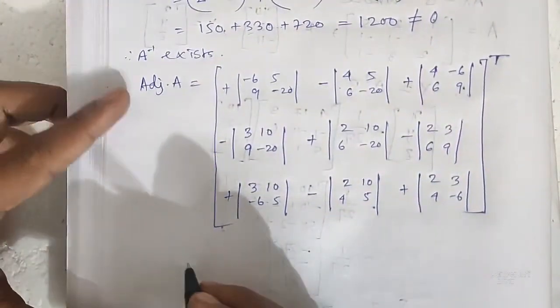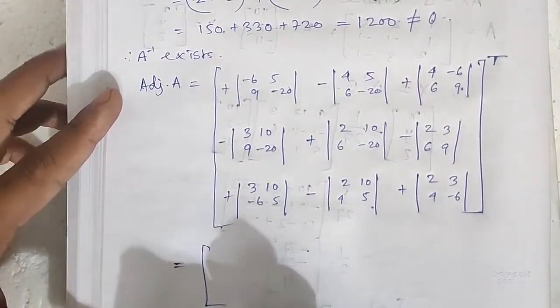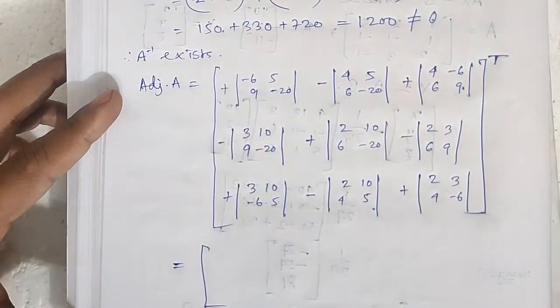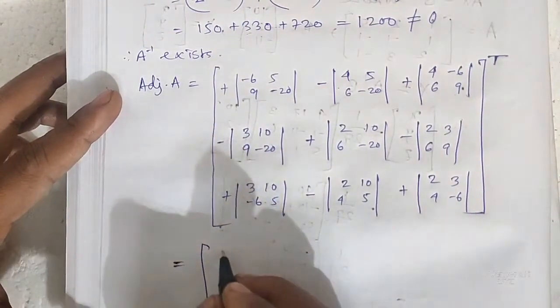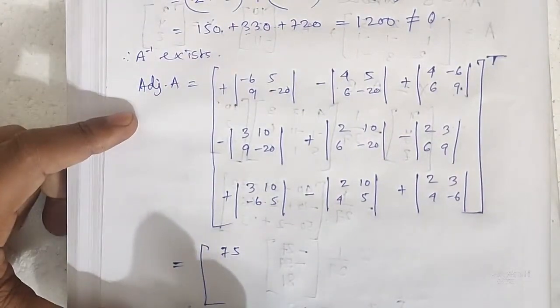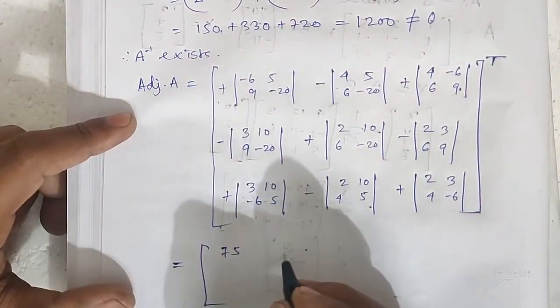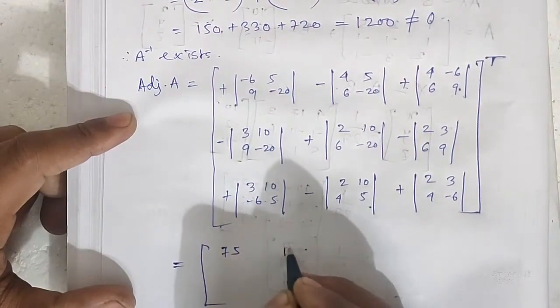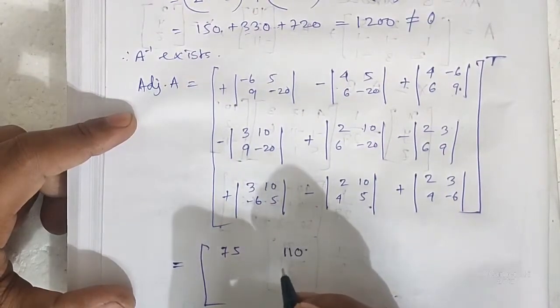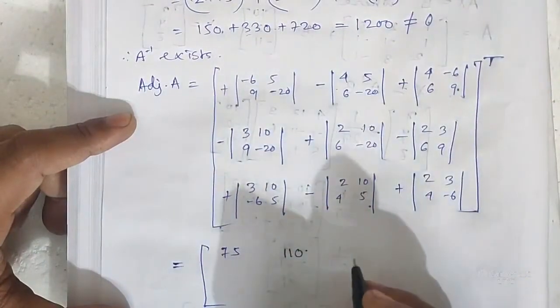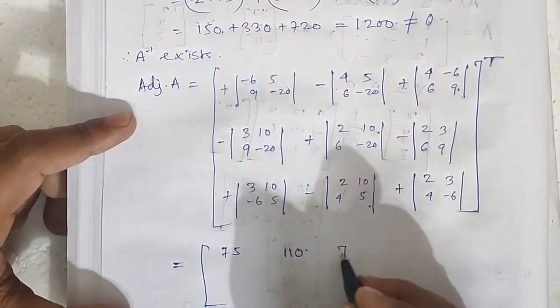This is coming. So this is equal to, here it is coming 75, minus 80 minus 30, 110, then 36, 36, 72.